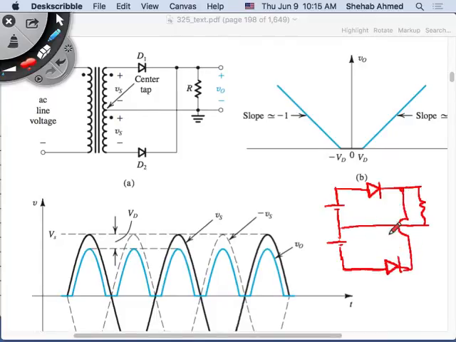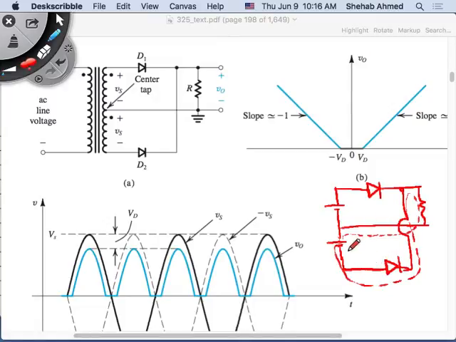Right? Two positive batteries. Is this diode going to conduct? Okay, well, let's look at the circuit. In this loop here that I have for this diode, it's KVL around this loop, right?